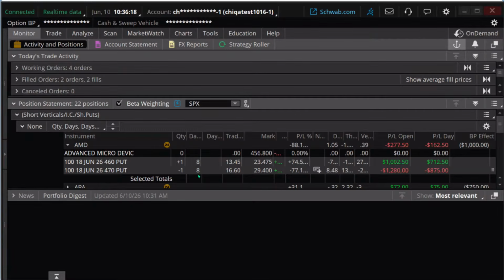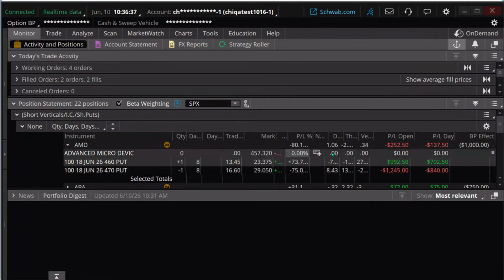Typically on these short verticals, we're rolling out to roughly 30 days, roughly a month. It can be longer or shorter, but we want the higher time decay period.